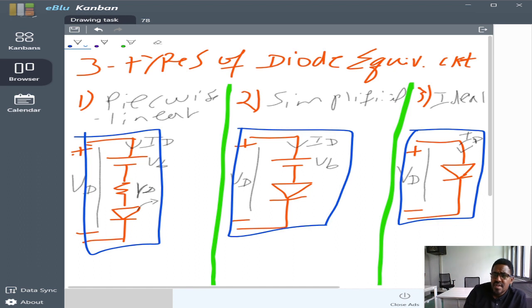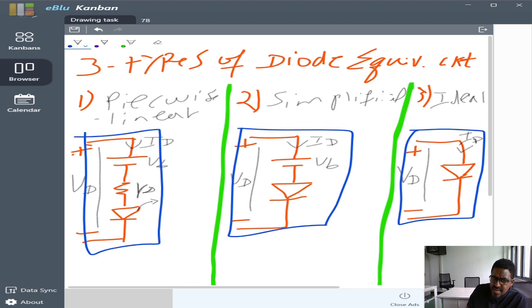So why use these equivalent circuits? Because you cannot use traditional circuit analysis like Thevenin theorem, Norton theorem, superposition theorem with actual devices. If you have a diode or a transistor in your circuit and you want to analyze it traditionally with Norton theorem etc. to find parameters like voltage or current with this actual device, it is impossible.